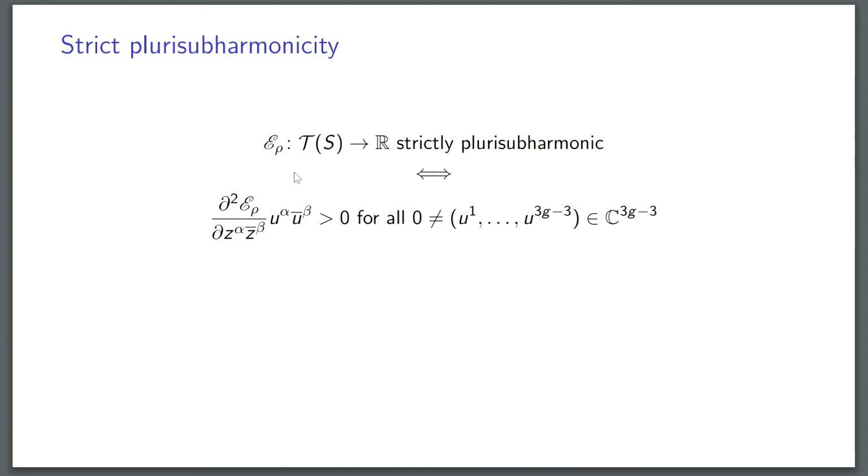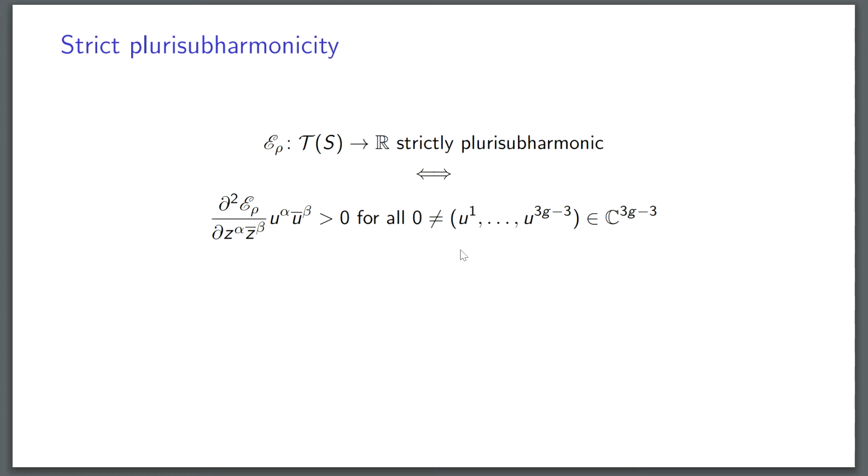First, we need to know that the condition that the energy functional is strictly plurisubharmonic is equivalent to the following condition here, meaning that the complex Hessian of the energy functional is a positive definite bilinear form.